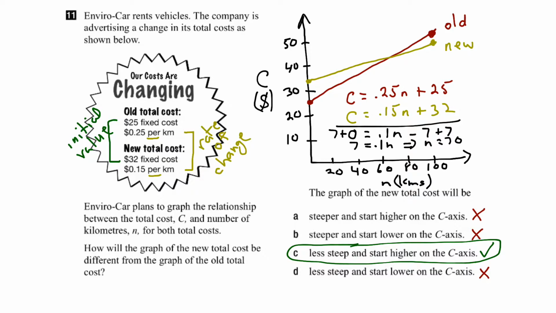Therefore, the new line will be not as steep as the old line. Also, the fixed cost goes from $25 up to $32. Therefore, for the new line, the starting point will be above that of the old line. So we can see the new line will be less steep because the rate of change has gone down, but it will start higher because the fixed cost, or the initial value, is higher.